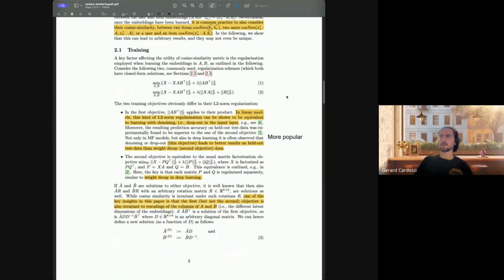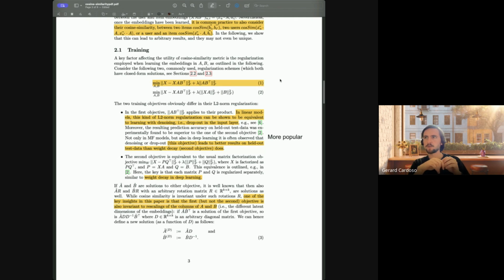So they compare two different ways that you could train a matrix factorization model. They look at two different regularization schemes. The first is this one here, which they mention is kind of equivalent to doing dropout or denoising.